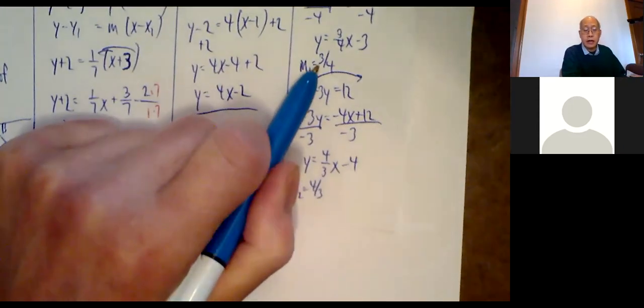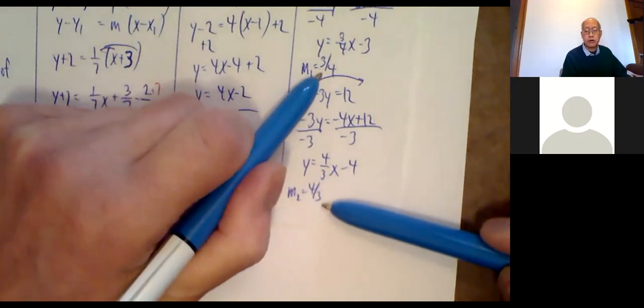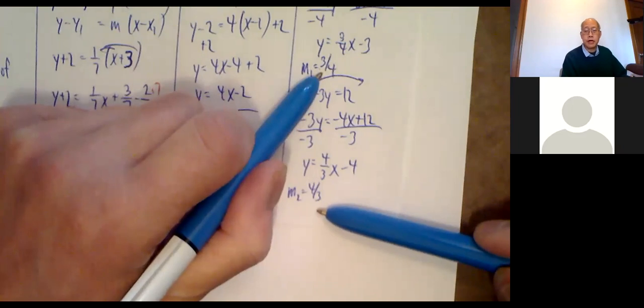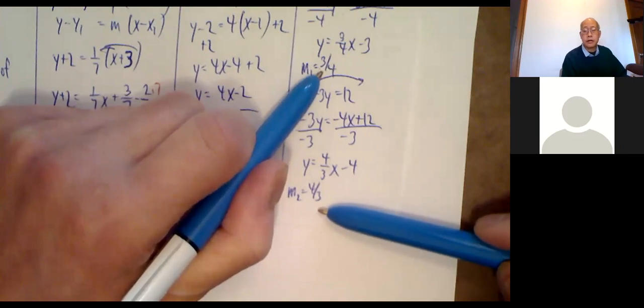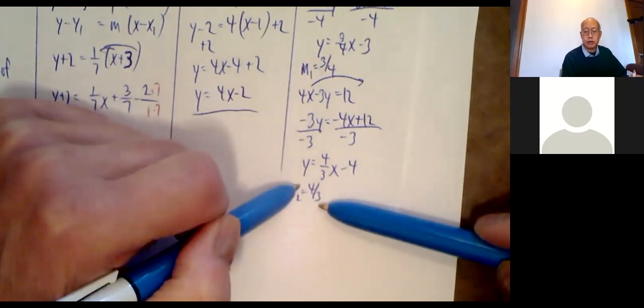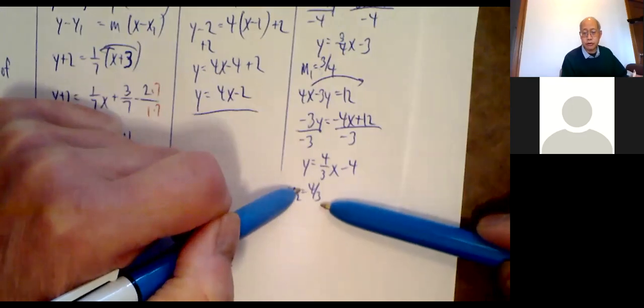All right, so look at that and that. 3/4, 4/3. Are they equal? No, they're not. Are they negative reciprocals? They are not negative reciprocals. They're just reciprocals. The reciprocal of 3/4 is 4/3. In order to say that they're perpendicular, this one would have to be, say, negative 4/3.